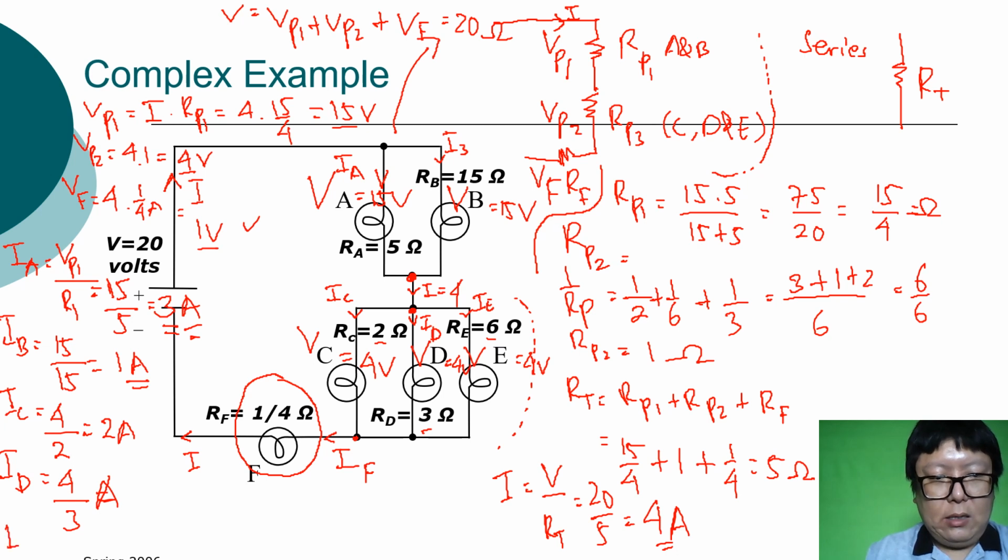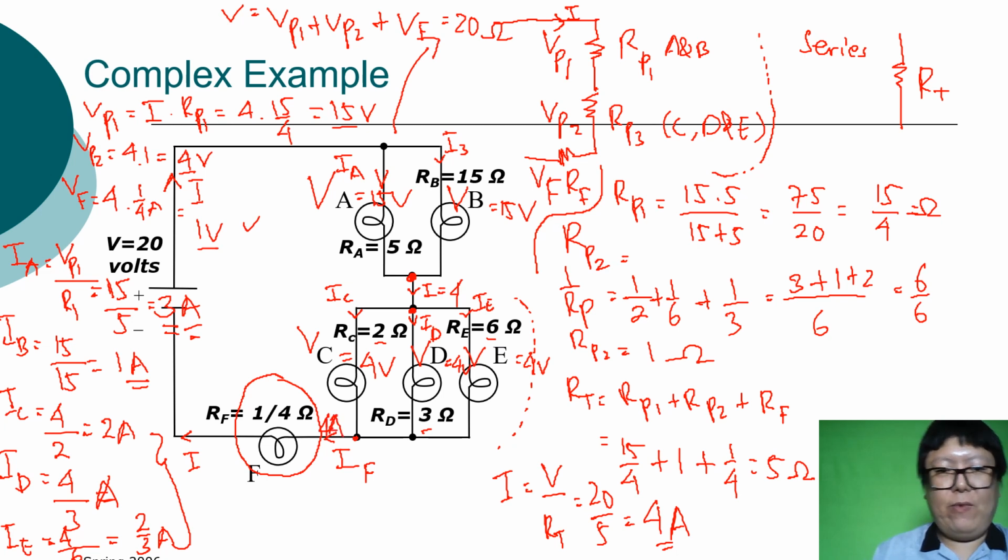And the IE is the same also, 4 divided by 6 equal to 2 per 3 amps. Then try to check this all in this junction will become the I total again, right? Then 2 per 3 plus 4 per 3 plus 2, total is 4 amps. Then correct. Okay, that's all, guys.